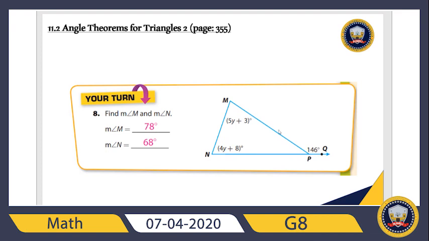So my equation will be 5y plus 3 plus 4y plus 8 equals 146. You solve the equation, you find the value for y, then you plug it back here, and you will find the angle M. You plug it back here, and you find the angle N, that is 68 degrees.